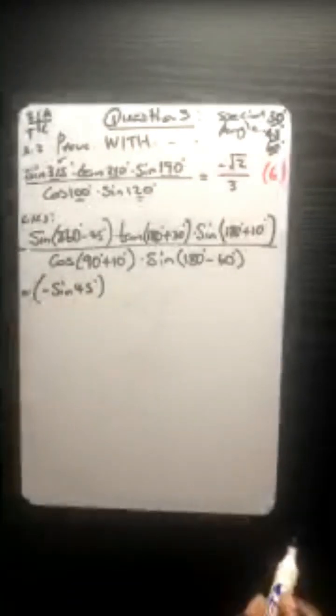Sine of 360 minus 45, in this quadrant, is sine positive? No, it's negative. So that is why you're going to say negative sine of 45 degrees. Most importantly, inside the brackets, multiplied by, let's see, tan of 180 plus takes you into the third quadrant, where tan is positive.